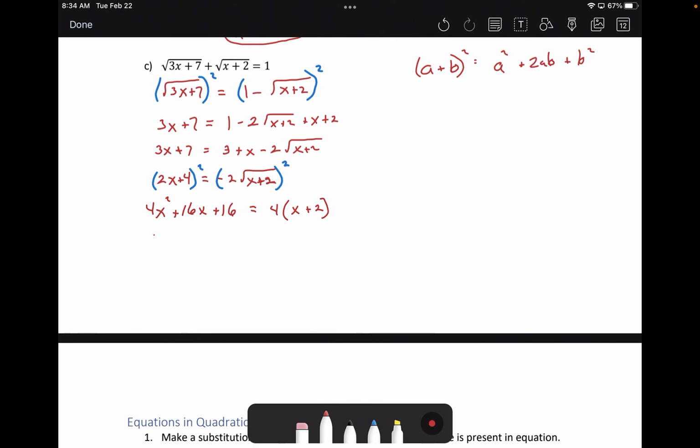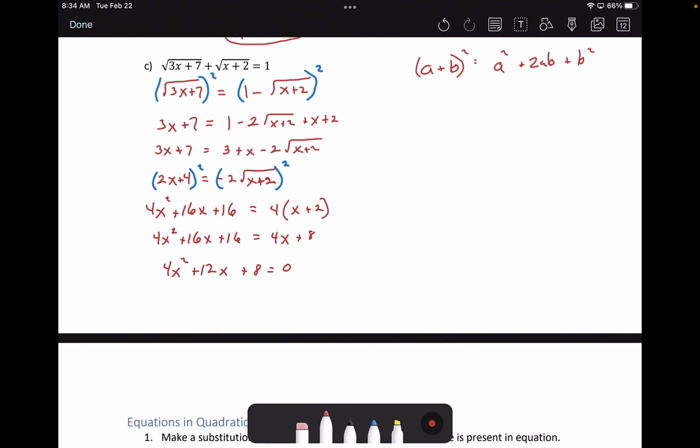Simplify on the right side. So we'll distribute the 4x, and finally set it equal to 0. Subtract 4x, subtract the 8, and we have a quadratic that's set equal to 0.